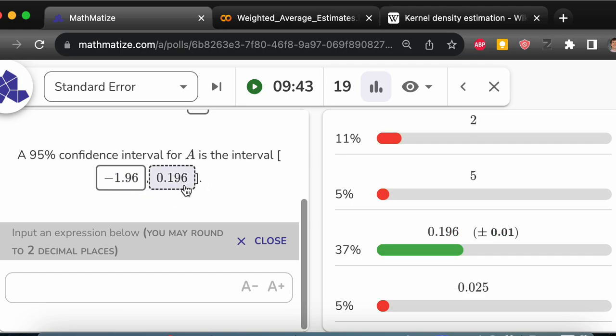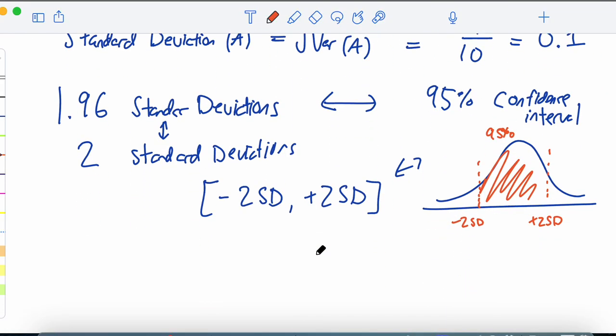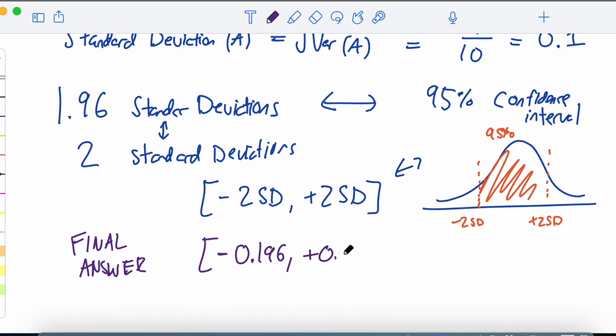It should be 0.196 to negative 0.196 is the correct final answer. So in our case, final answer: I typed it in wrong in Mathematize. Very good. So minus 0.196 to positive 0.196, or negative 0.2 to positive 0.2 is the nice rounded version.